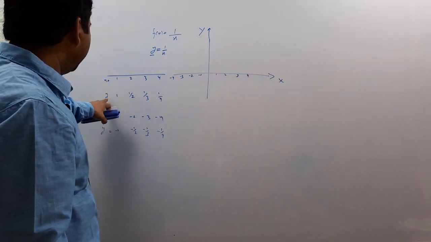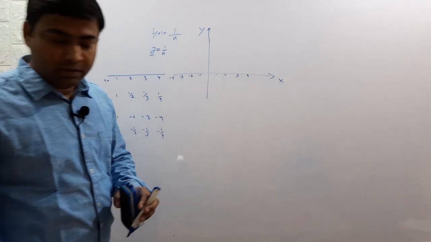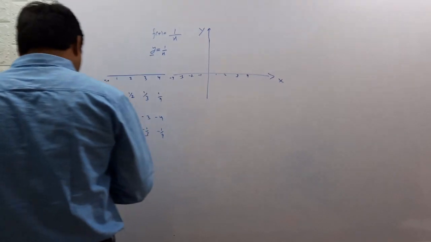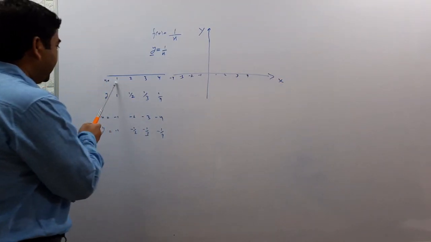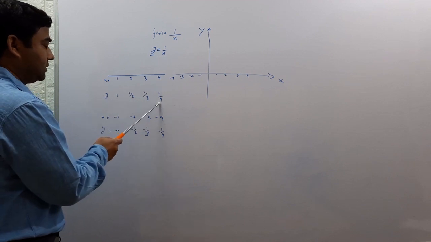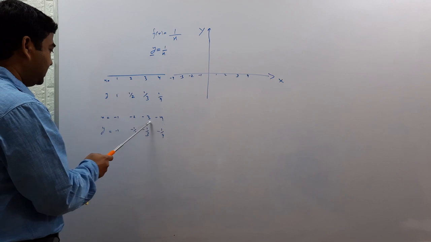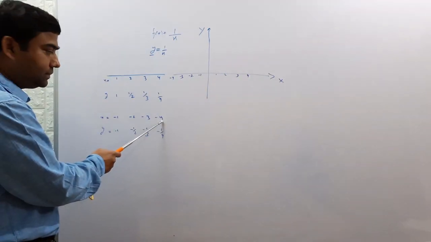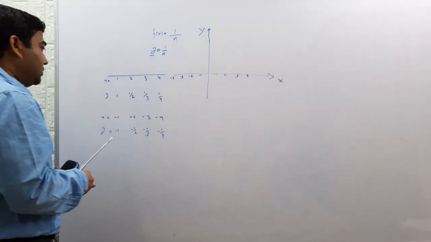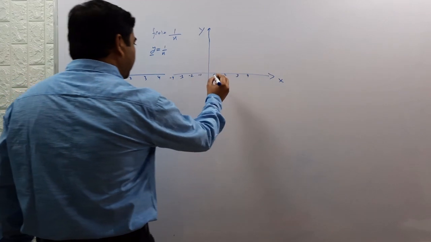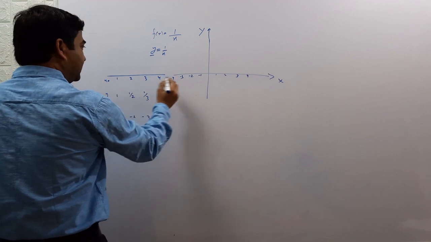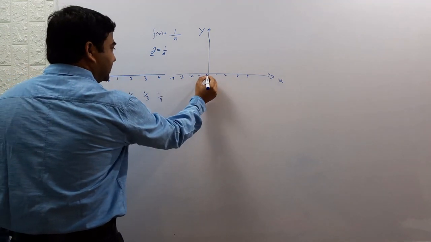You see the value of y, when the value of x increases, the numerical value of y decreases. The value of x is increasing and the value of y is decreasing. Similarly, the value of x is increasing in the negative direction and the value of y is also decreasing in the negative direction. You can draw the function: as the value of x decreases, the function is very high. Beyond it is less. See, this is the origin.